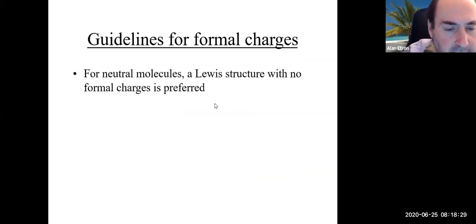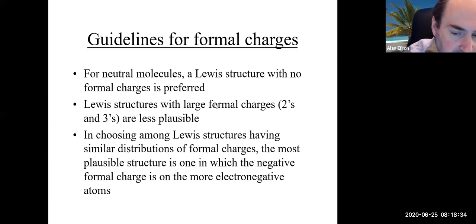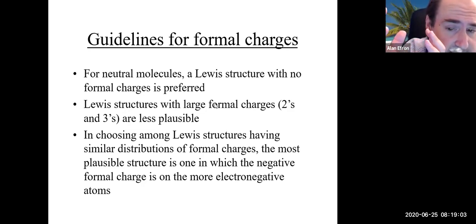So let's talk about formal charge and the practical application of calculating it. The practical application has to do with helping you decide between maybe 2, 3, however many Lewis structures you might be able to draw. As we drew some of those Lewis structures, you might have wondered, why could I not move this atom over here?